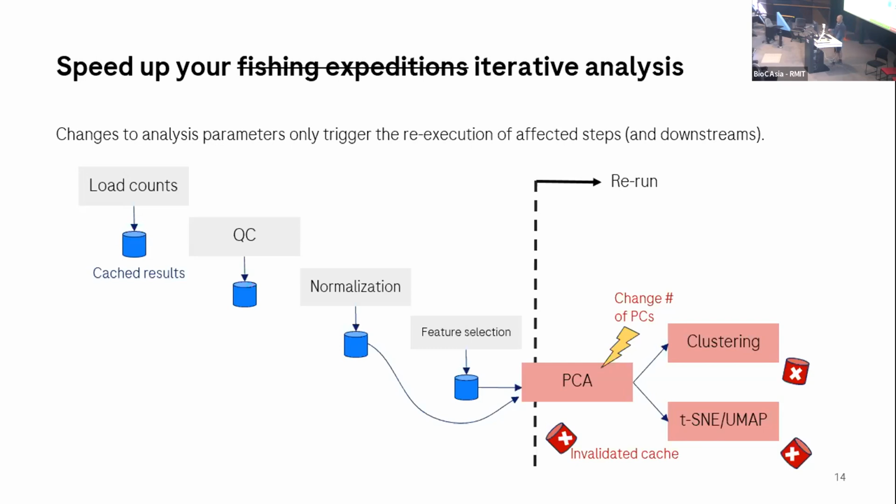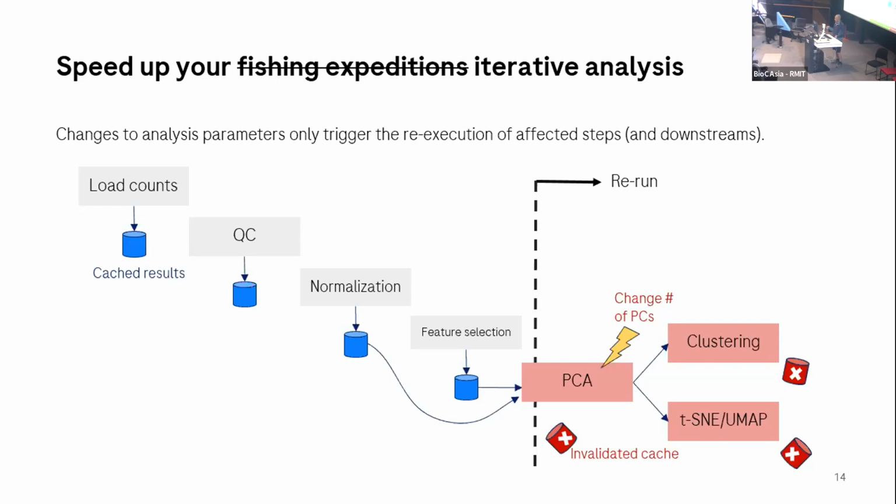For example, if a user wants to rerun the analysis with more PCs, kana will detect that in this new round of analyses, the only thing that has changed is the number of PCs that the user is requesting. So it's smart enough to avoid recomputing any of the previous steps and just pick up from the cached results from those previous steps in order to perform the PCA and all of its downstream steps.